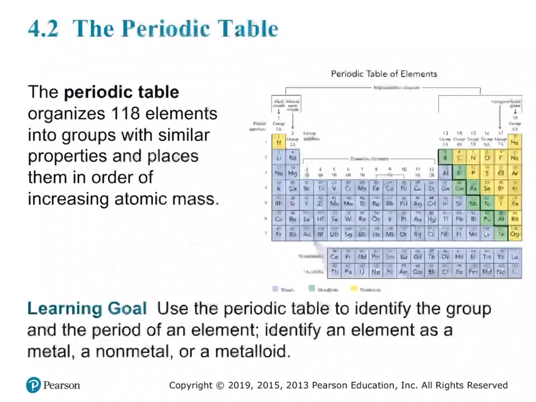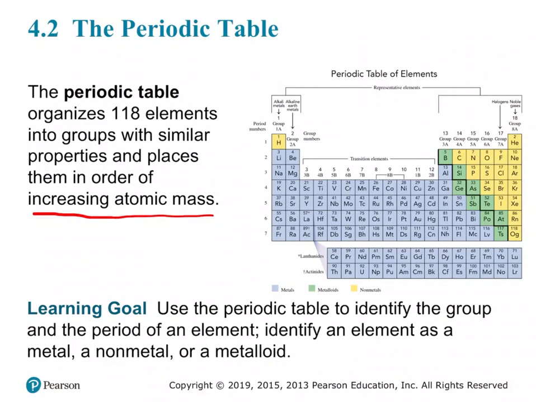All right, so that does bring us to the periodic table. So again, there are 118 elements on the periodic table, and the periodic table organizes the elements into groups. So each group of elements has similar properties, so physical or chemical properties, and they're all listed in order of increasing mass.